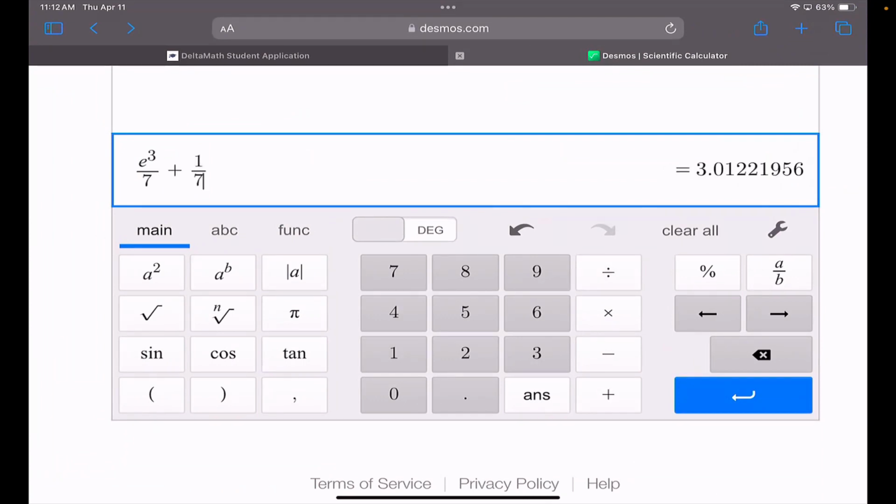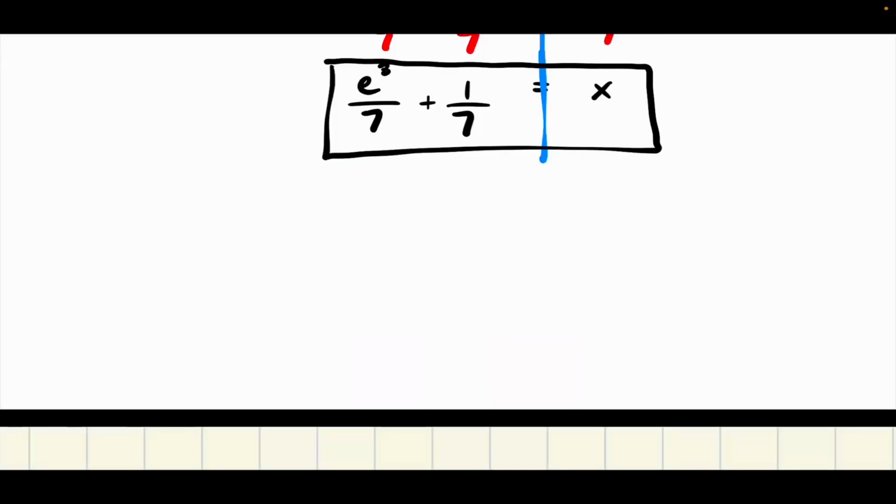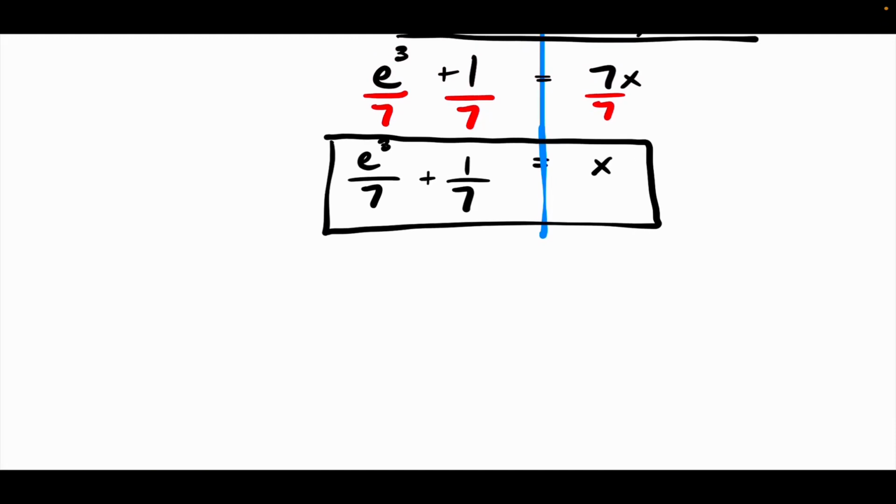So this answer is actually 3.01221956. They don't want that answer because that is a rounded answer. It keeps going, just the calculator stopped. So that's what we call a rounded answer. It wants the exact answer. The exact answer has no decimals.